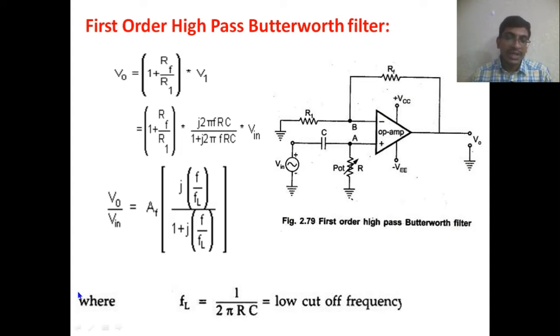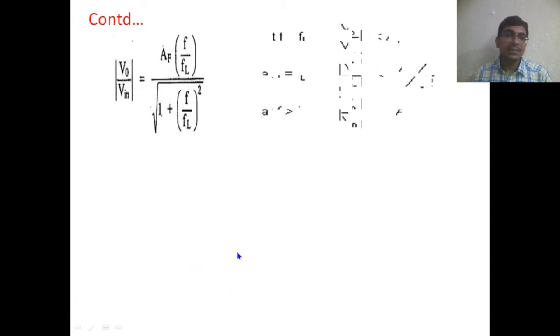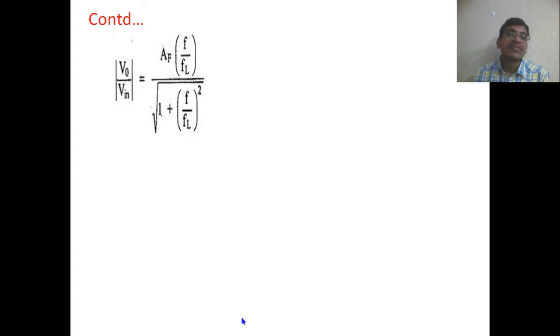Okay, so here J is an imaginary factor, so we have to eliminate this imaginary term. We will take the modulus: V0 by VIN modulus is equal to AF into F by FL divided by square root of 1 plus F by FL whole square.